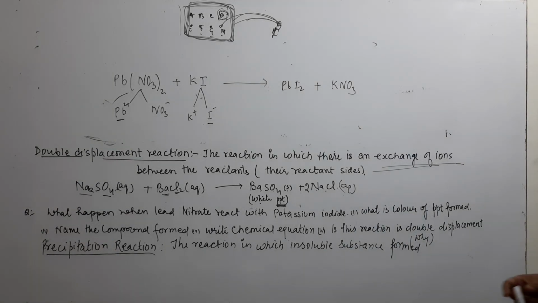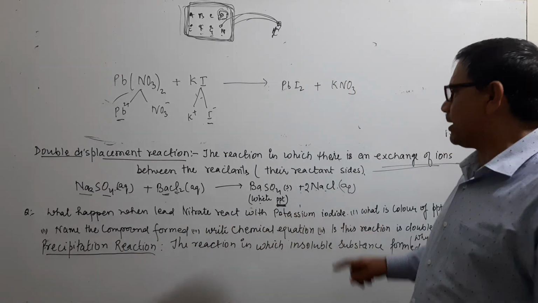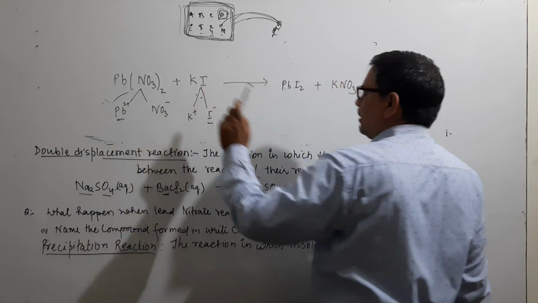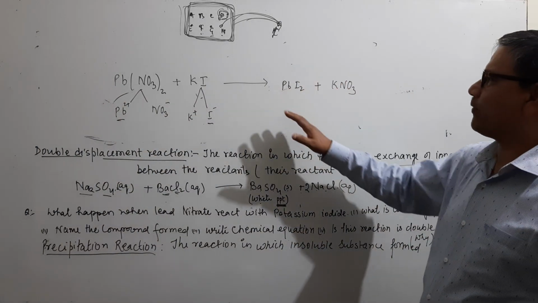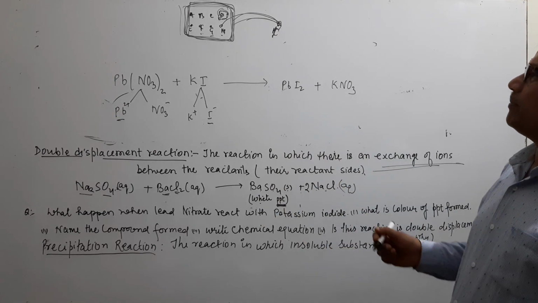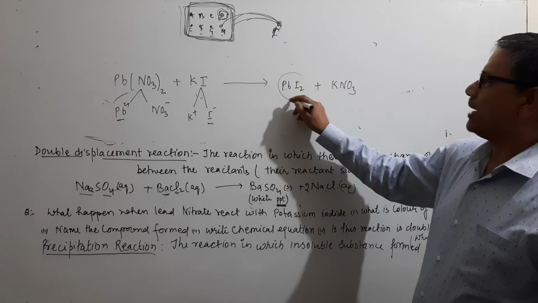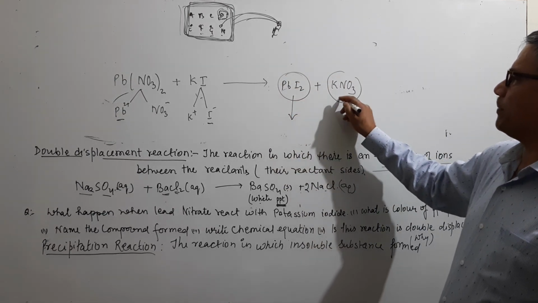And the question that now arises is, what happens when lead nitrate reacts with potassium iodide? What is the color of the PPT? You have to identify the PPT. PPT means insoluble substance. Now you have to tell me yourself, is the PPT PbI2 or KNO3? You have to identify which one is the PPT.